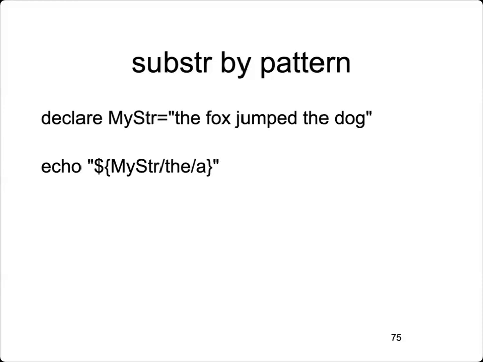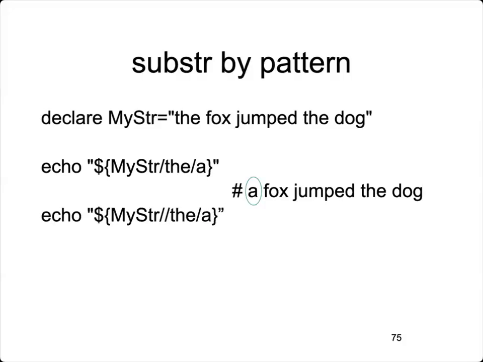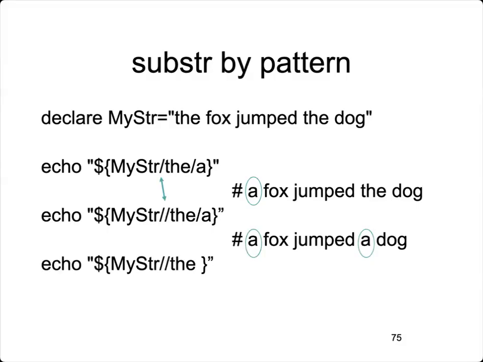So we've got this string and we can replace the with and we get a fox jumped the dog. But if we put two slashes, then it's going to replace all of them that are there. So a fox jumped a dog. But if we want to get rid of it, then we just drop the replacement and it goes in. Now you can see here I put a space in. So this isn't THE, it's THE space to make sure. Otherwise, I would end up with double spaces in there.